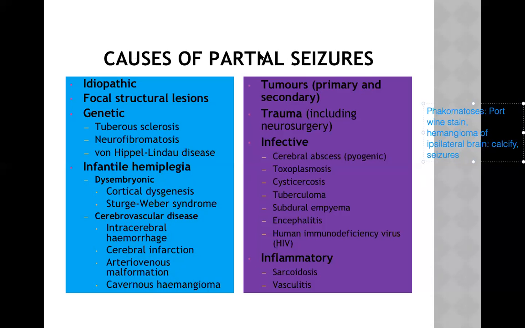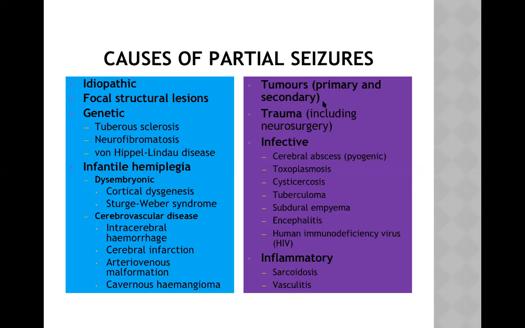Another one is tumors, the cerebral tumors. Now, the cerebral tumors can be primary or secondary. Primary means the tumor develops itself inside the brain, and secondary means it has gone to the brain from some other source. So we always classify tumors like that, primary or secondary.